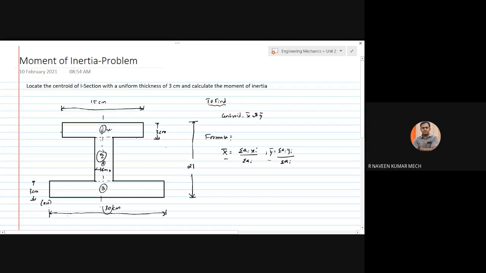So moment of inertia, this was for the centroid. For moment of inertia, we know the formula: capital Ixx is equal to small ixx plus A h squared.